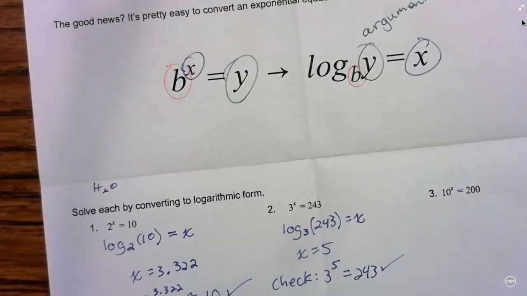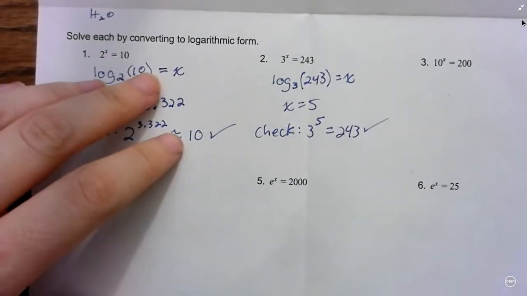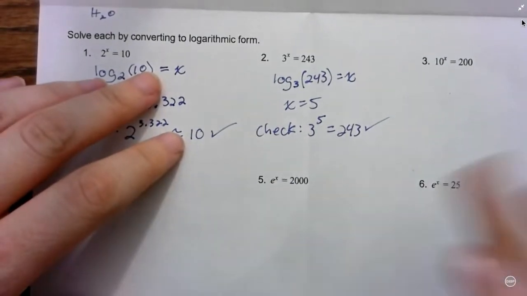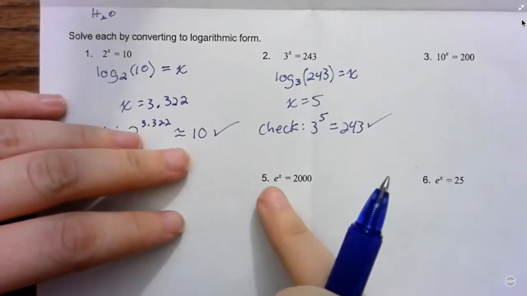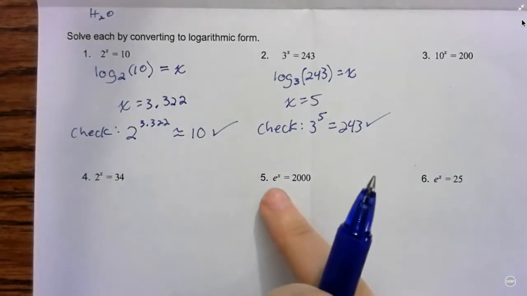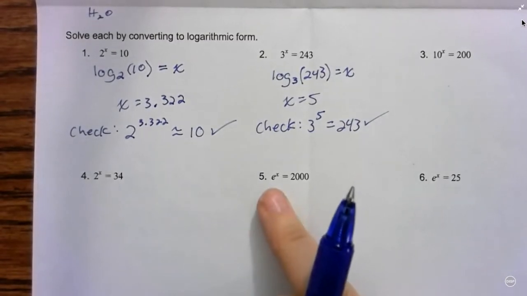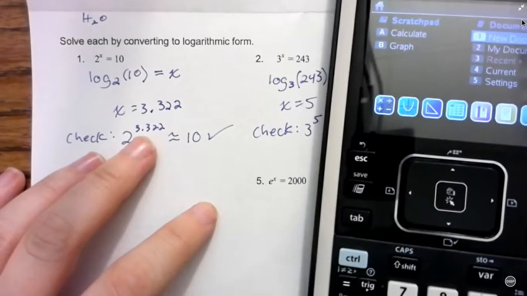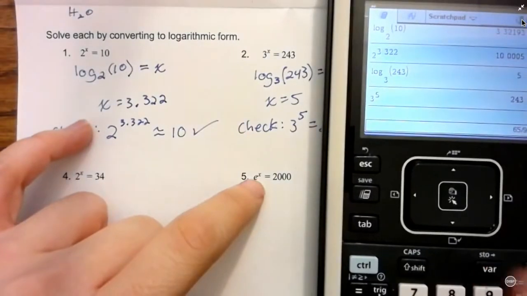The last one I want to do just on the video is number 5, e to the x. So e, like I was saying in the previous video, is a special number kind of like pi. It's got a value that is used when you're doing compound interest. When we talk about compound interest, should be next week or the week after, we're going to use e a lot.